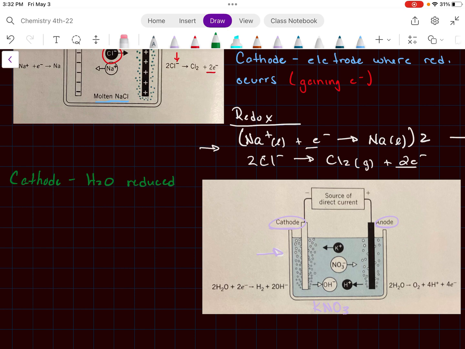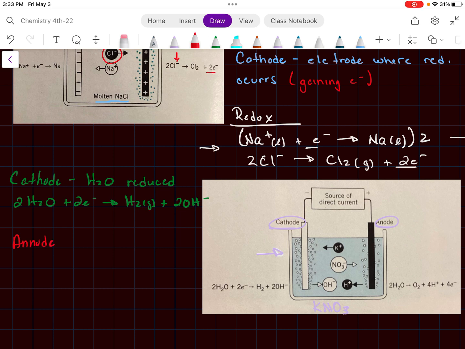So what that looks like is you're going to have 2H2O, right, plus those 2 electrons to produce hydrogen gas, right, plus 2OH minus, okay?